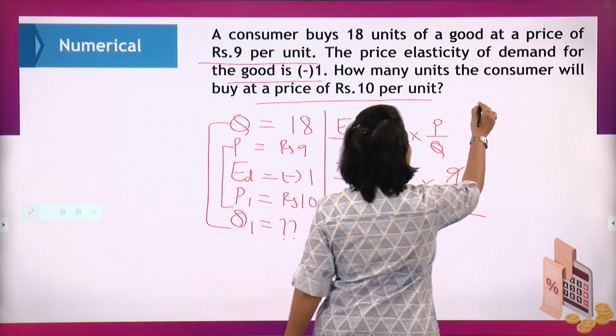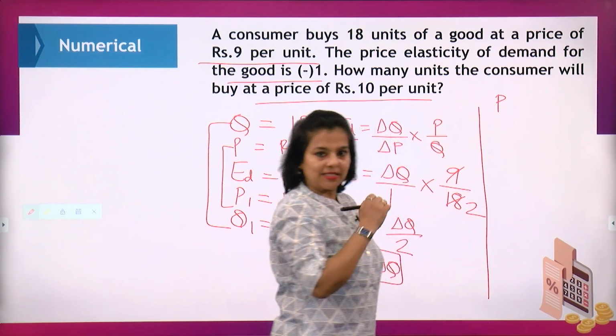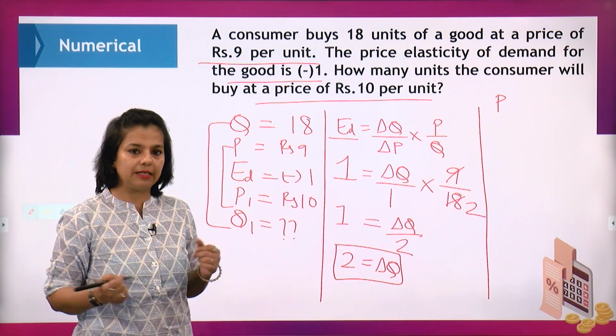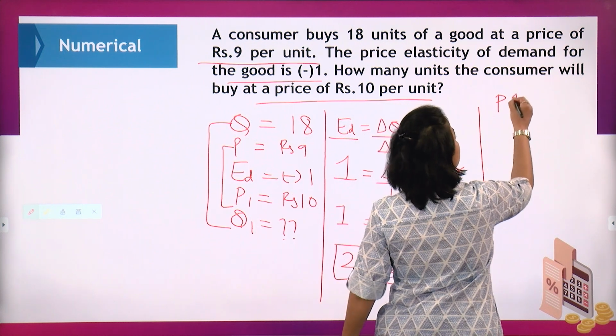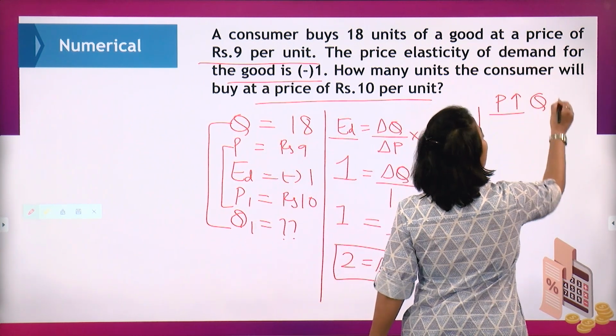So how will we calculate that? Let's look at the price. What is happening to the price? क्या price increase हो रहा है या decrease हो रहा है? 9 से 10, that means price is increasing. तो जब भी price increase होगा, हमारी quantity fall करेगी.